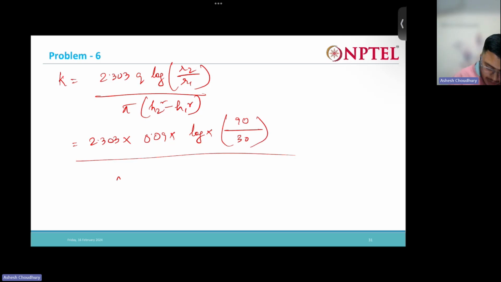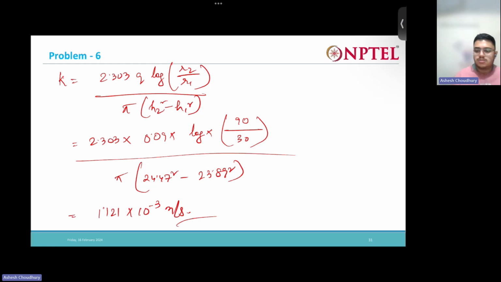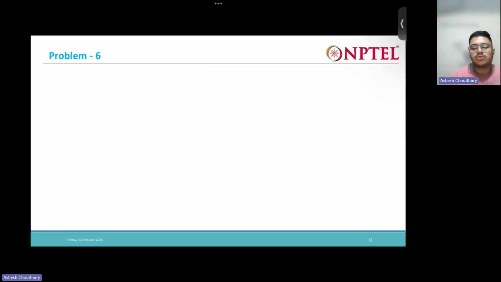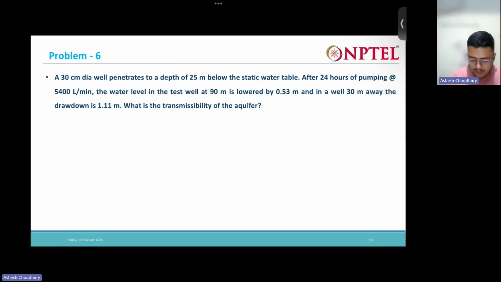H2 you already know, H1 you already know. So you can get the K value, the permeability value. Done. So just directly by putting in the expression, you get the value.